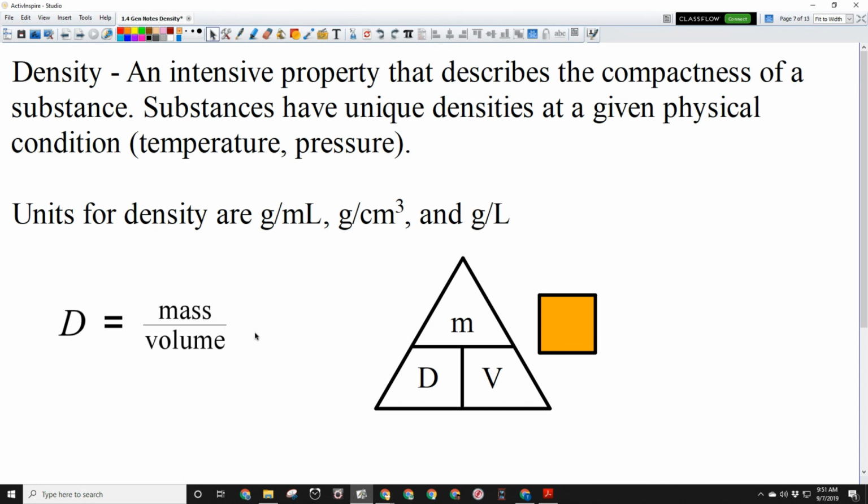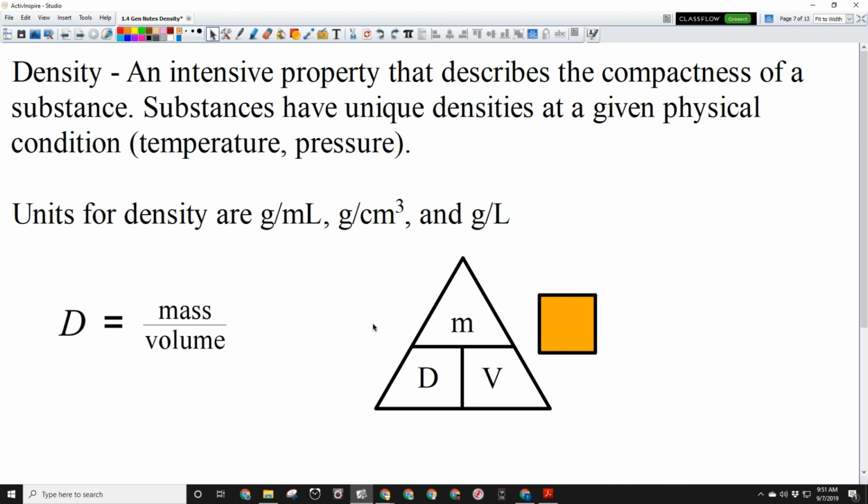But let me give you the formula for density. Density is equal to mass divided by volume. So we're going to take the mass of a substance, we're going to divide it by the measured volume of that substance. That combined is going to give us the unit that we're looking for, either grams per milliliter, grams per liter, or grams per cubic centimeter.